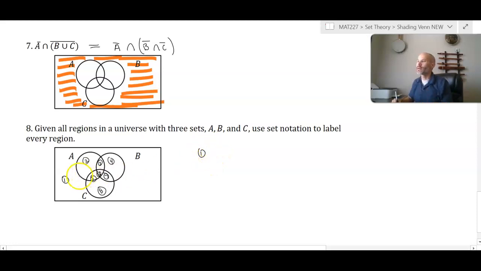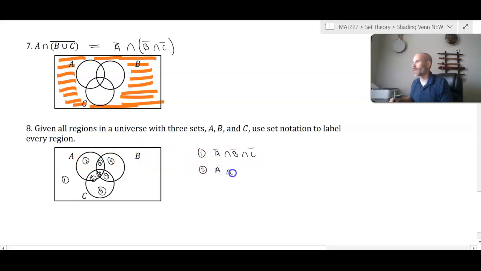Well, region 1, we're not in any of them. So we're not in art, and we're not in biology, and we're not in chemistry. And this is really easy because we know exactly what we're talking about when we're dealing with intersections. With unions, it's a little trickier, but the beauty is we can use intersections to label all of these. Region 2 means I am in art, but I'm not in biology or chemistry.